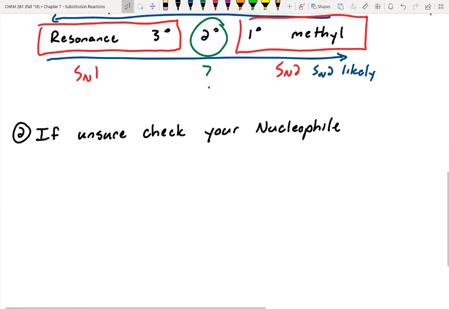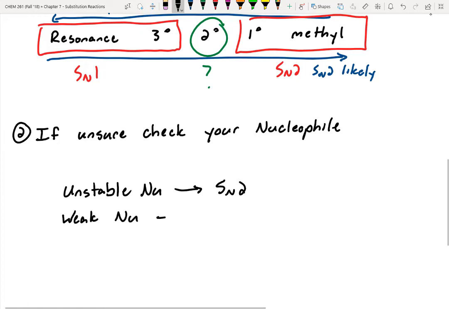All right. Strong nucleophiles favor SN2, right? Whereas weak nucleophiles tend not to favor SN2 because they're not aggressive enough. In general, they'll favor SN1. So you could do that.